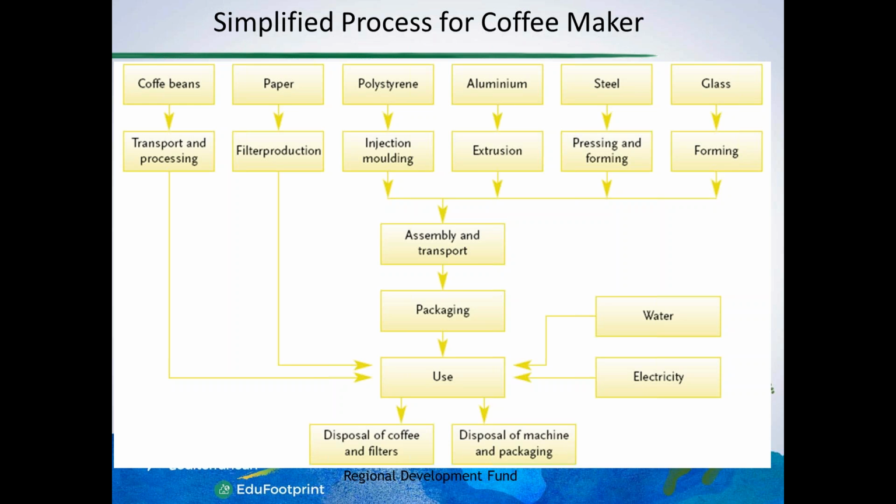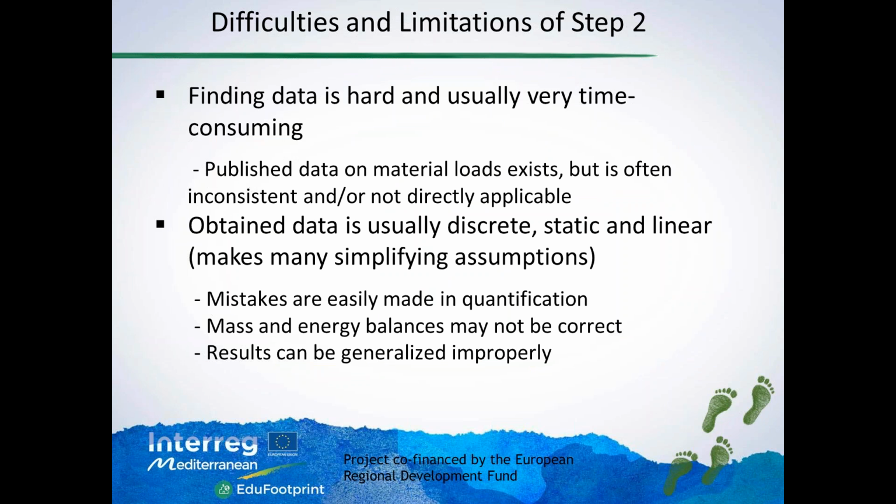The difficulties and limitation of the inventory phase was finding data. As you can see, it's the hardest phase because published data on materials loads exists but is often inconsistent and or not directly applicable. And then it was really difficult to obtain static and linear data.